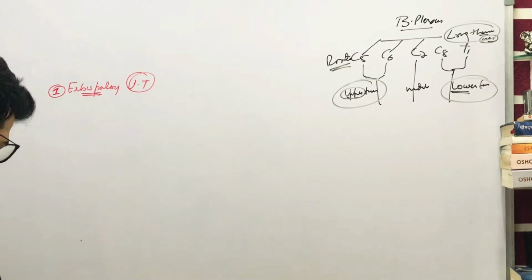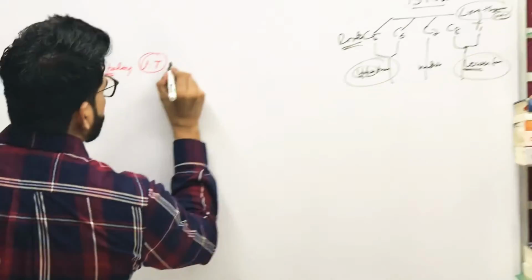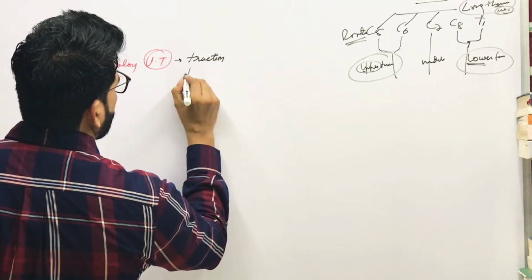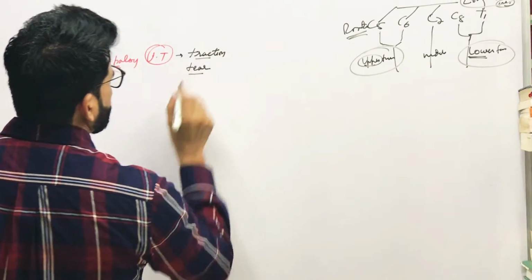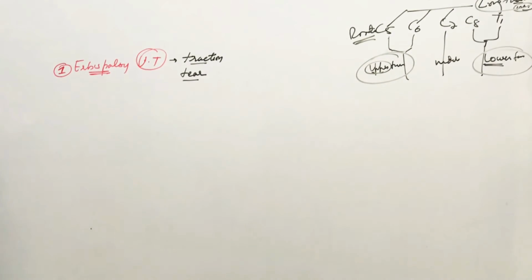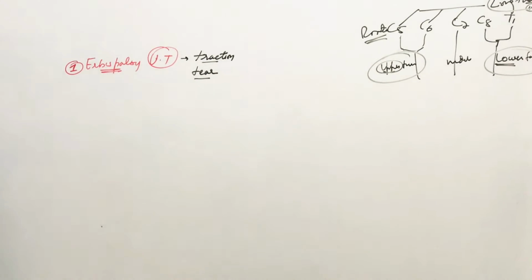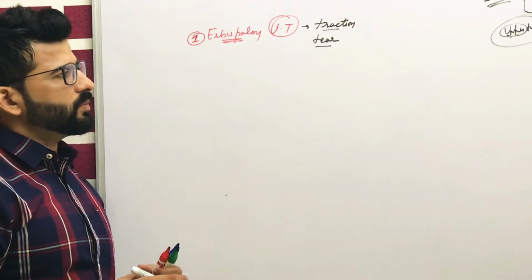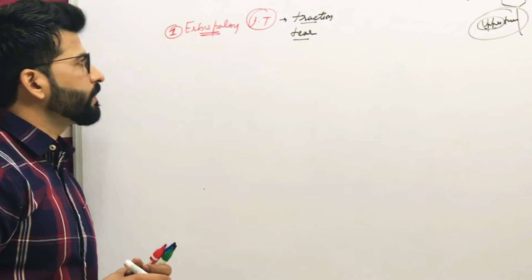Upper trunk can be injured with traction or tear. That is traction in infants during delivery, or tear or trauma in case of adults.